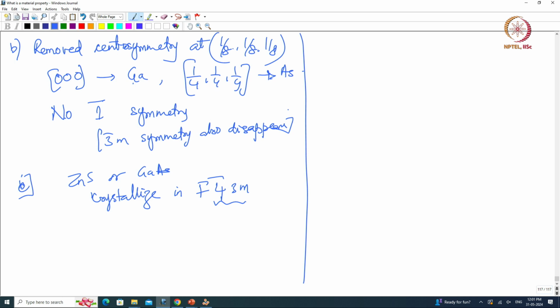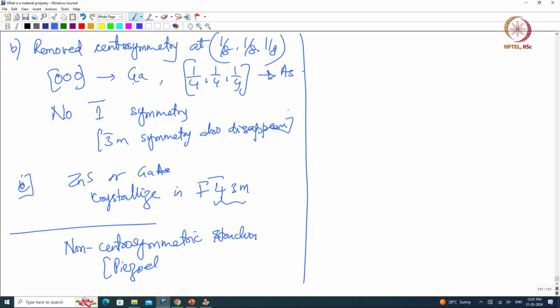I have removed the 1 bar symmetry, I have removed the 3 bar m symmetry, and so on and so forth. So it is also a non-centrosymmetric structure. So all these should be piezoelectric, so piezoelectricity should exist.